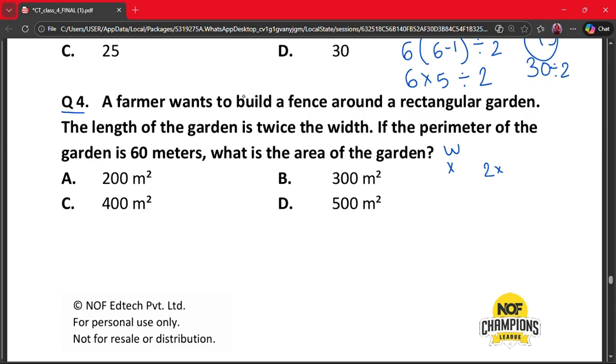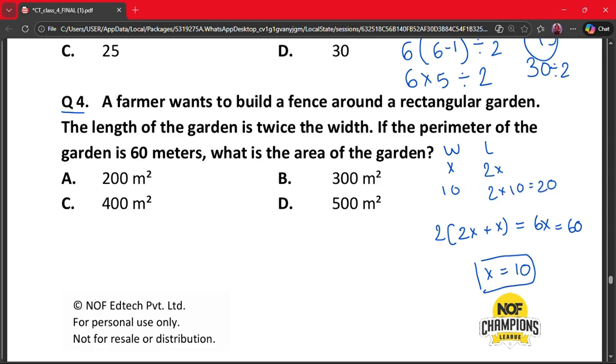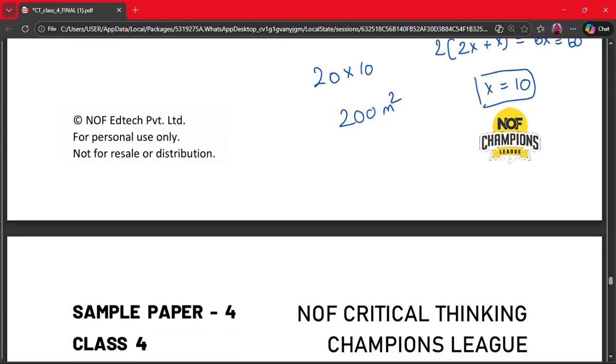The perimeter formula is 2 into (2x plus x), which is equal to 6x, and 6x is equal to 60. So x is equal to 10. So the width is 10 and the length is 2 into 10, that is 20. So area is 20 into 10, that is 200 meter square. So our correct answer is option A.